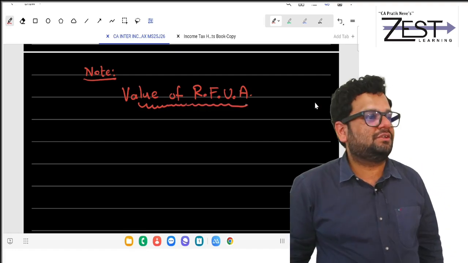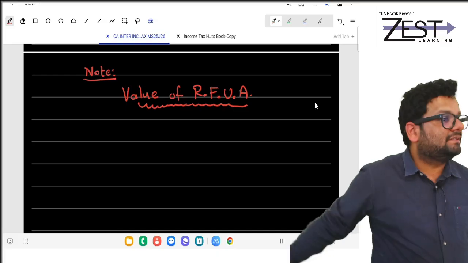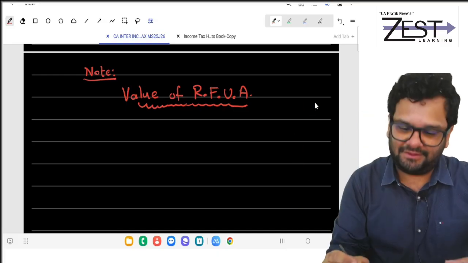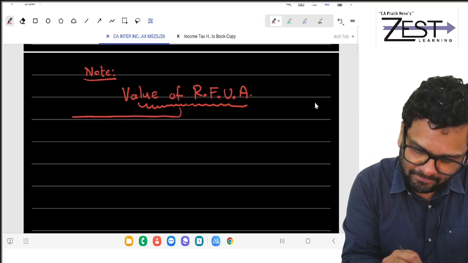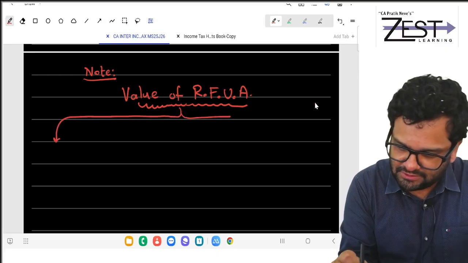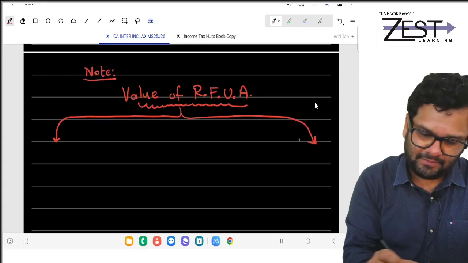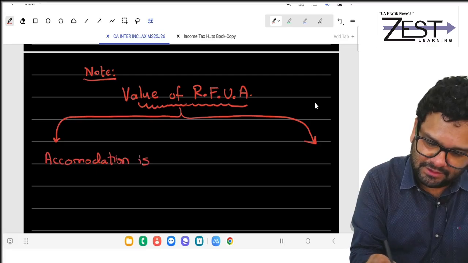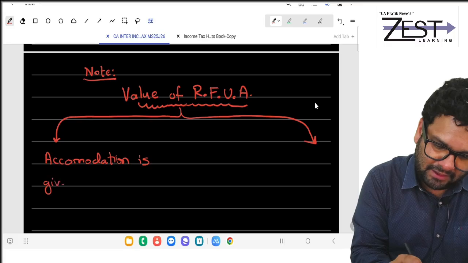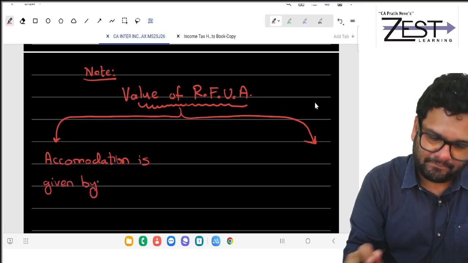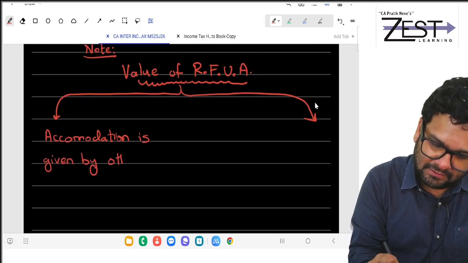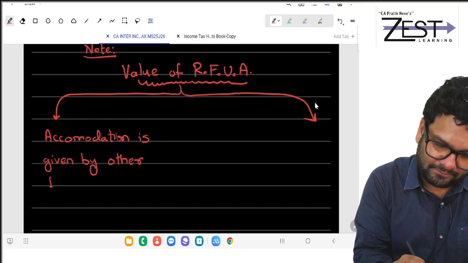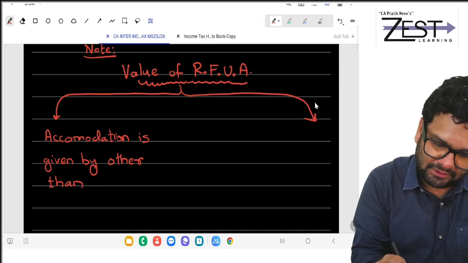May I answer that question? There are two possibilities. Number 1, accommodation is given by other than government.